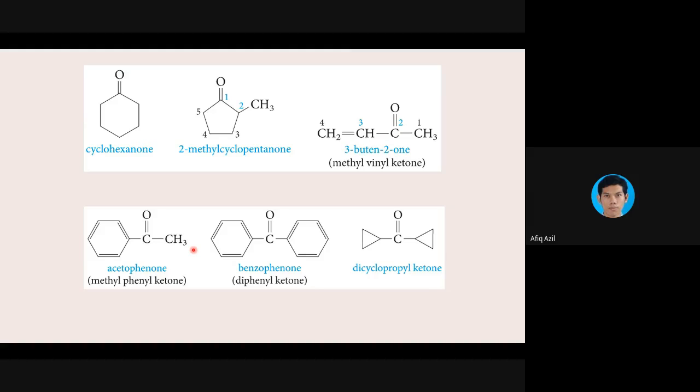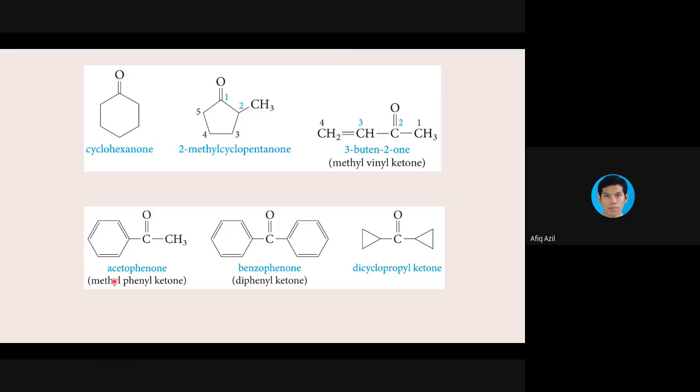And then for aromatics, they have their own common names, like this one. If the structure is C double bond O with a CH3 group on one side and a benzene ring on the other side, it will be known as acetophenone. Aceto because you have these 2 carbons over here, and then this is the phenone.